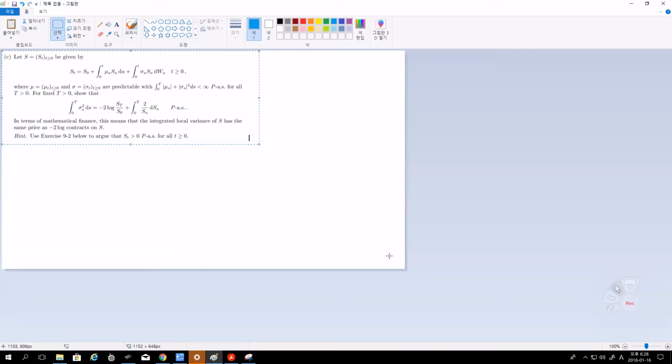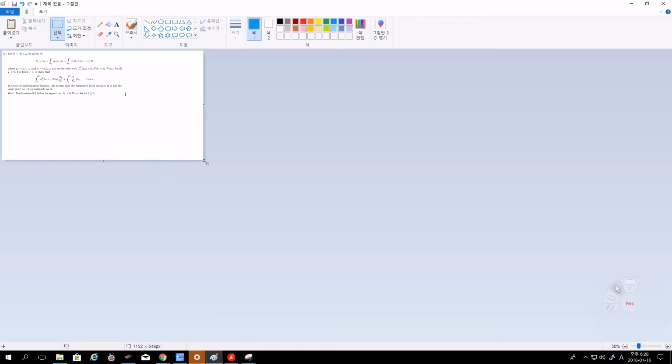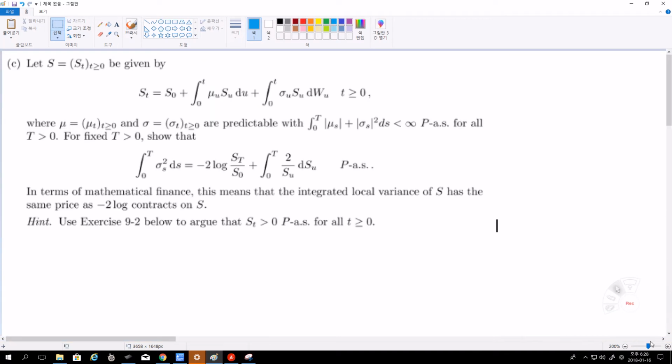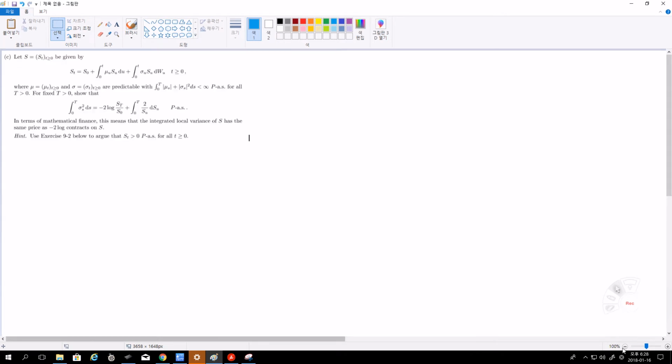So over here, yes, I may need a lot of space over here. So the problem looks like this. Okay, so ST is that way.